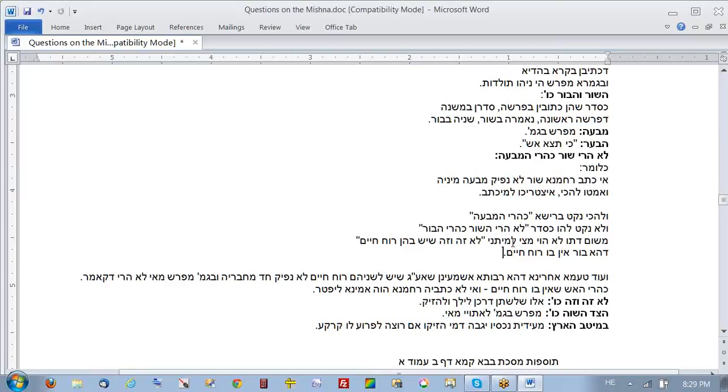Right. So, okay. If we had learned Lo Hari Ashur Kahari Bor, we might have thought that the chumrah of shor was ruach chaim. We wouldn't have learned necessarily that the chumrah was kavana or whatever.